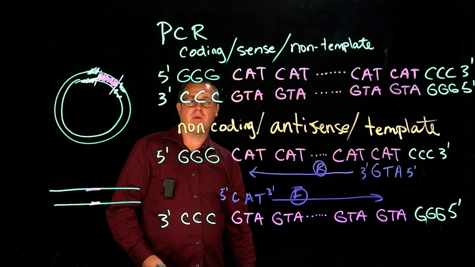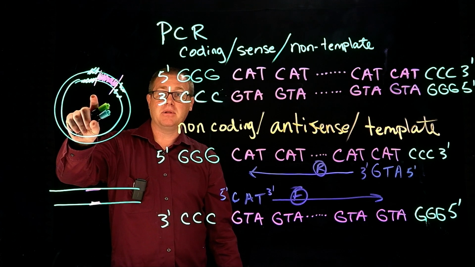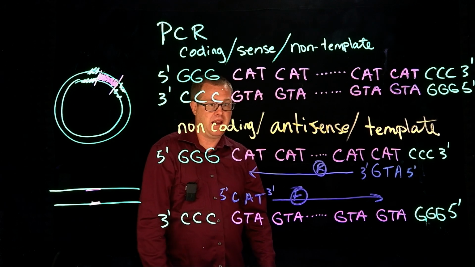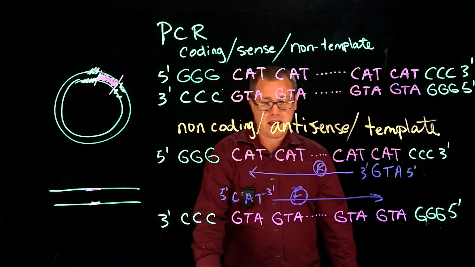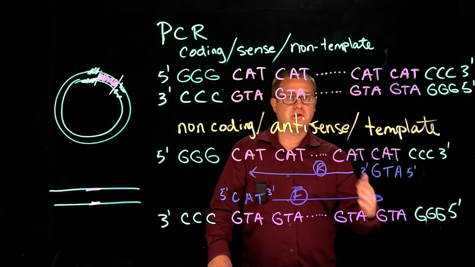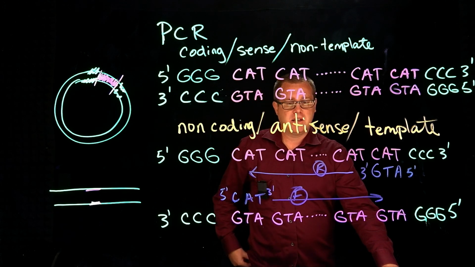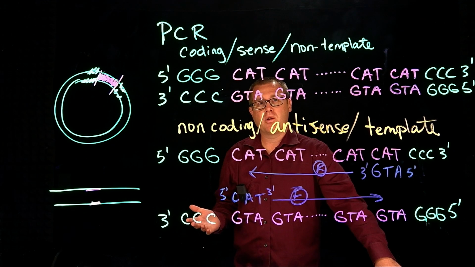So after the first round, we have just gone from the plasmid, which is circular, to a linear form of DNA. Now I want to take some time now and show you what happens after the first round, the second round, third round, maybe the fourth round. And I want to show you what DNA molecules we are going to get after each step.